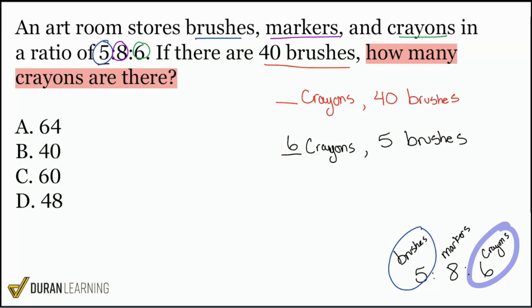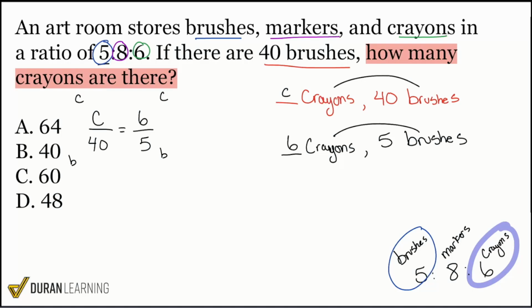So now we can set up our proportion. I'll compare crayons to brushes. C over 40, I'll use C for crayons. Compare crayons to brushes again, same comparisons in the same way. 6 over 5. Again, crayons to brushes. We are comparing the same things in the same way, and we're good.